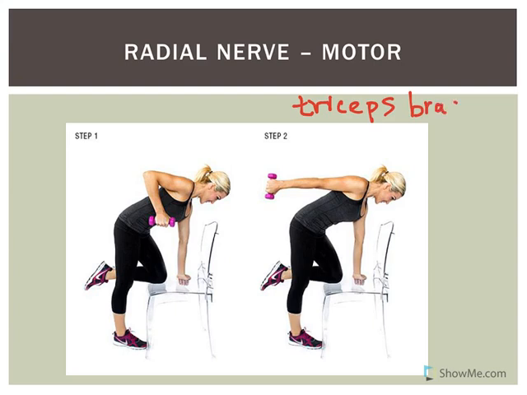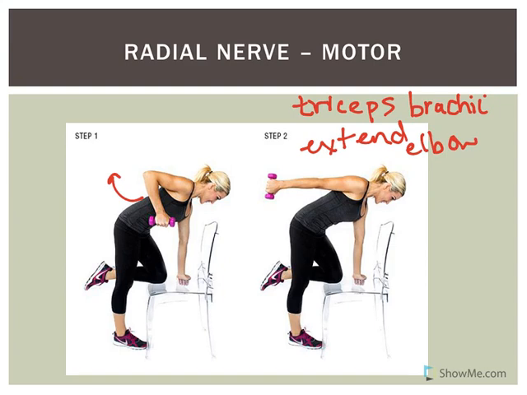Now the radial nerve also has motor innervation to the triceps brachii, which is a dorsal muscle of the arm, and it's an extensor. So it allows you to extend the elbow at the elbow joint. So going from here up is elbow extension.